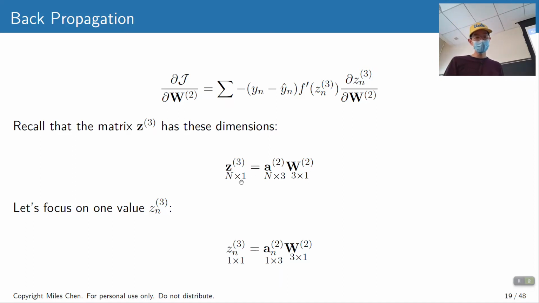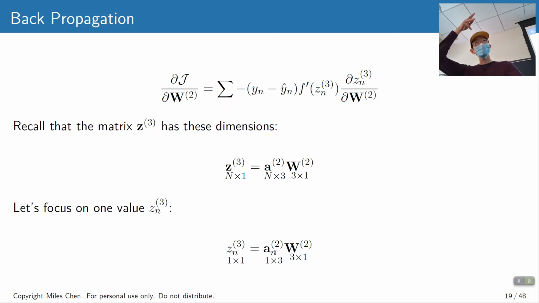When you do that, you get your matrix Z3. If we look at just one observation within this matrix Z3, the nth observation, this is the result of taking the nth row in the A matrix.